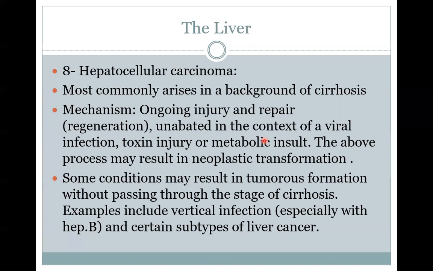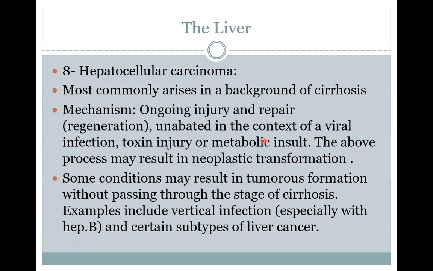For example, if someone has hepatitis B, or hepatitis C to a little lesser extent, the virus is going to become integrated into the liver cell genome. And that's how the cell becomes transformed, giving rise to hepatocellular carcinoma in the absence of cirrhosis. This is especially seen when there is something known as vertical transmission.